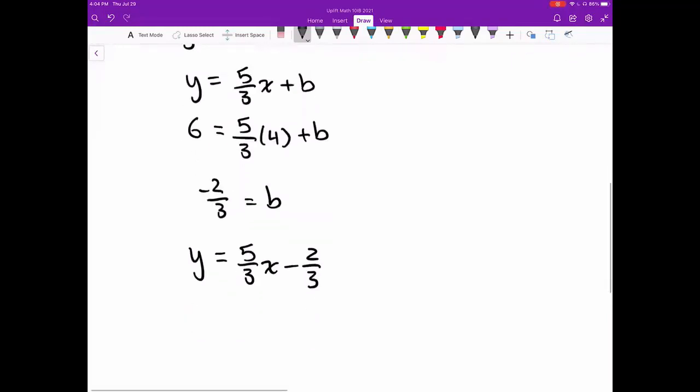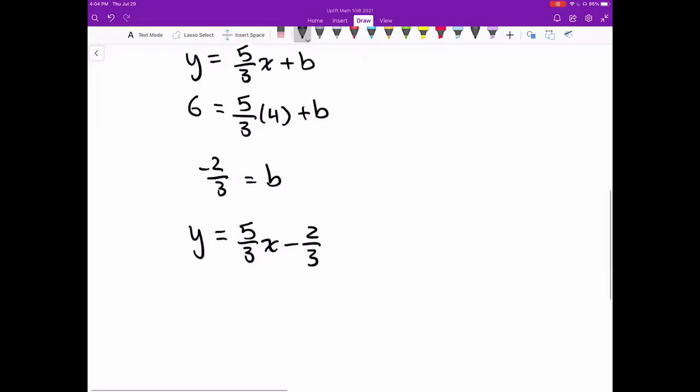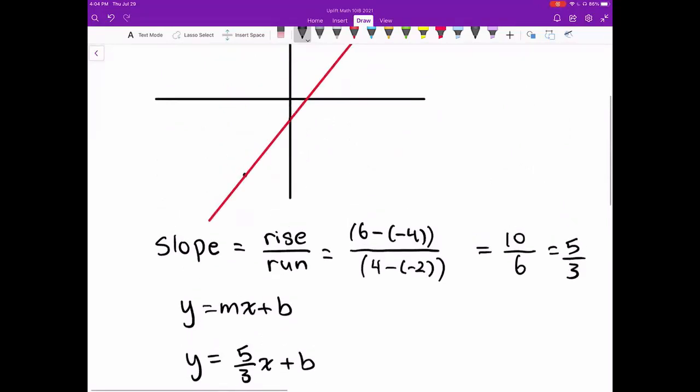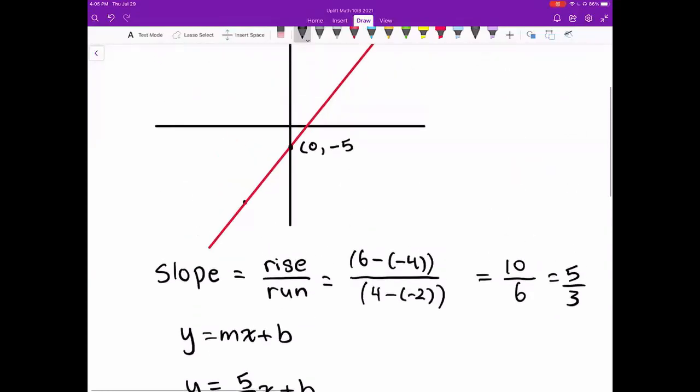Since we found the equation, I think it would be good practice to find the x and y intercepts as well. In the form y equals mx plus b, the b is the y-intercept. So this point right here is 0, comma, negative 2/3.